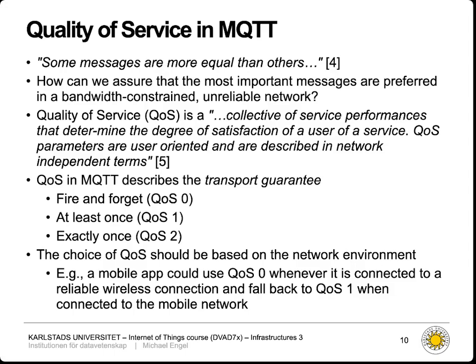If they don't arrive somewhere, we don't care. And then for these messages that are guaranteed to arrive, we again differentiate between modes. So quality of service in MQTT has 3 levels for the transport guarantee. The lowest level, QoS 0, is fire and forget. We just send something out and nobody has to take care of that. If it's not received at the other end, we don't care.